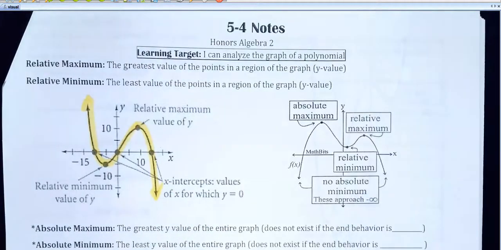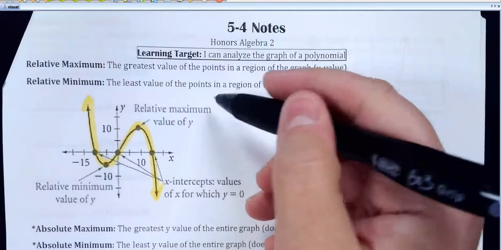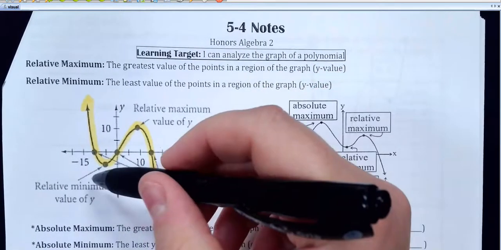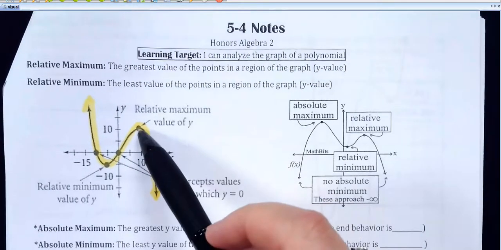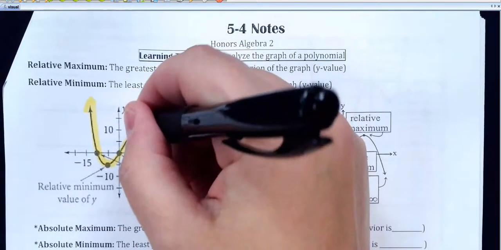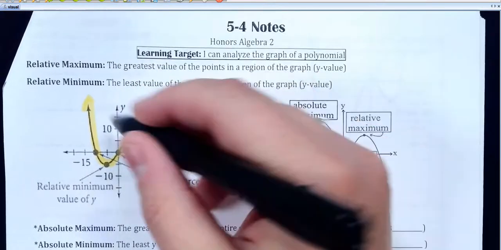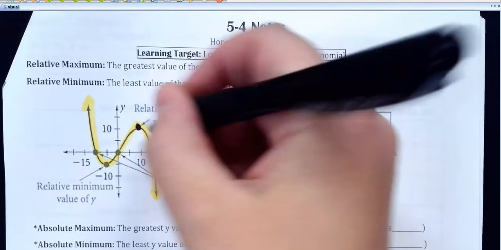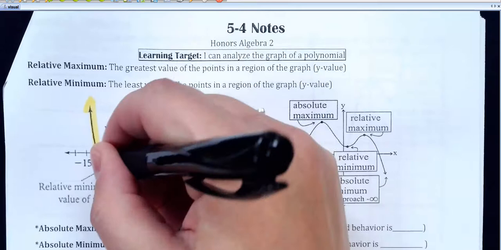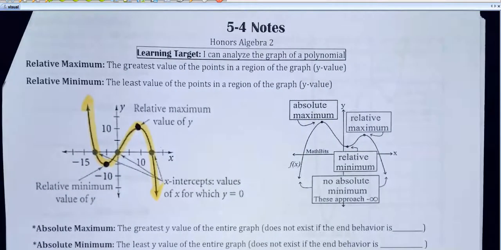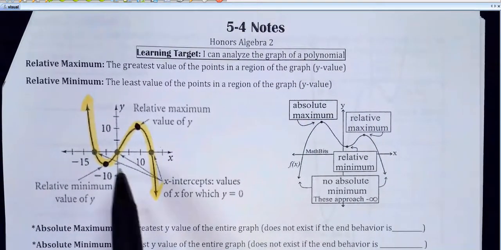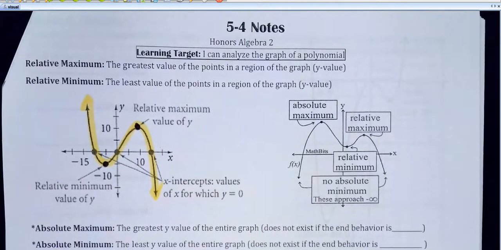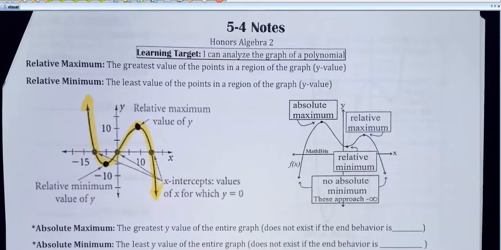We do have what they call a relative maximum or relative minimum, which basically occurs at the top. It almost looks like the vertex of a parabola, but in this range here, this is called a relative maximum, that highest point there. This is called a relative minimum, that lowest point there. And they just talk about the y value of that point when they're asking for the relative maximum or minimum.